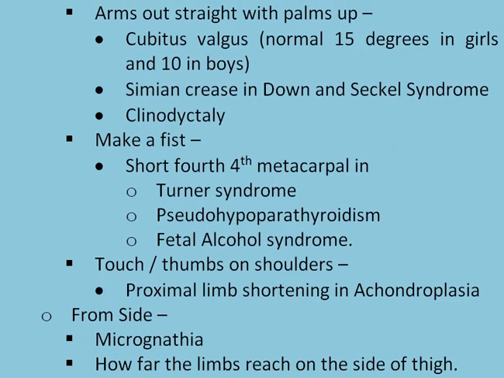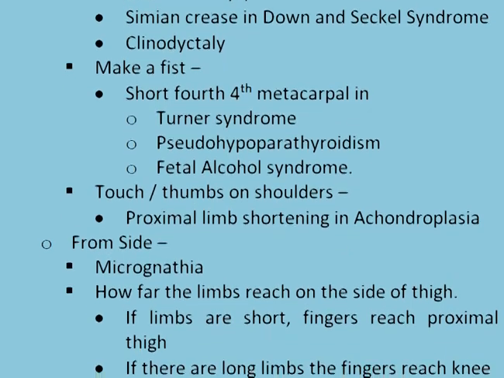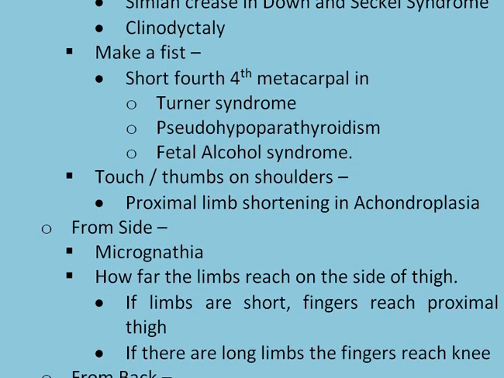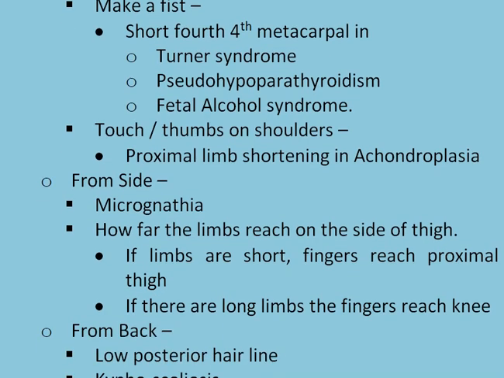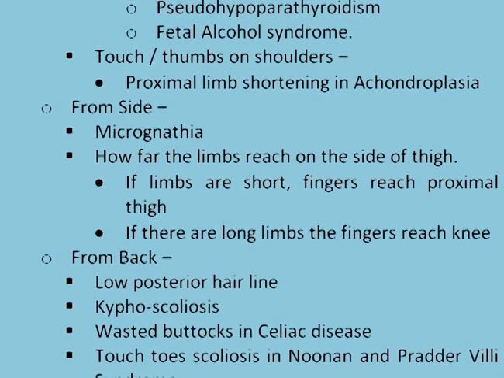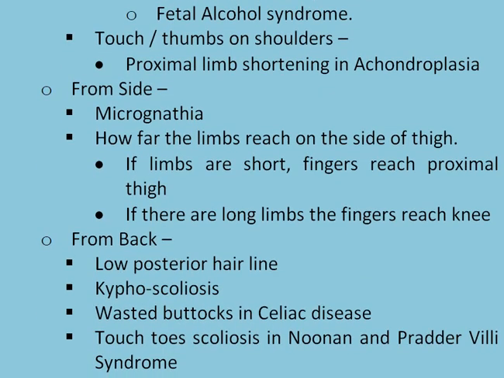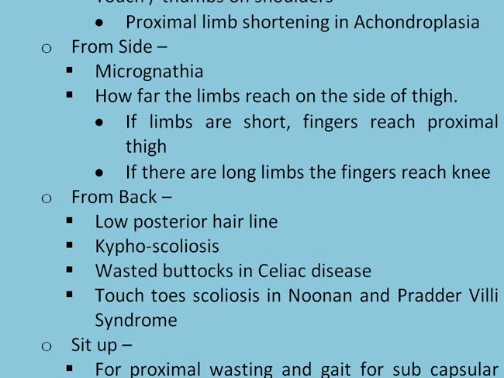Then from the side you have to check for the micrognathia, how far the limbs reach on the side of the thigh. If the limbs are short, fingers reach proximal thigh. If the limbs are long, the fingers may reach the knee. Then you look from the back to see the low posterior hairline, kyphoscoliosis, wasted buttocks in celiac disease.